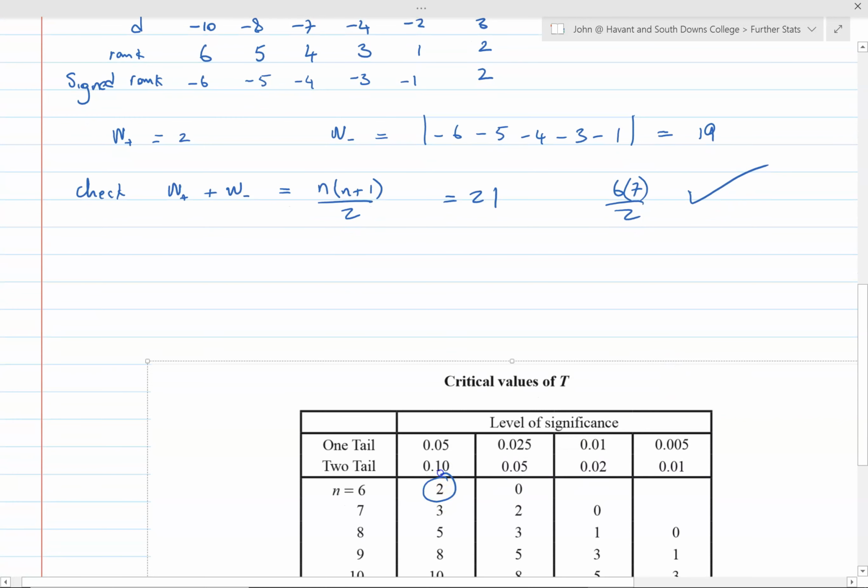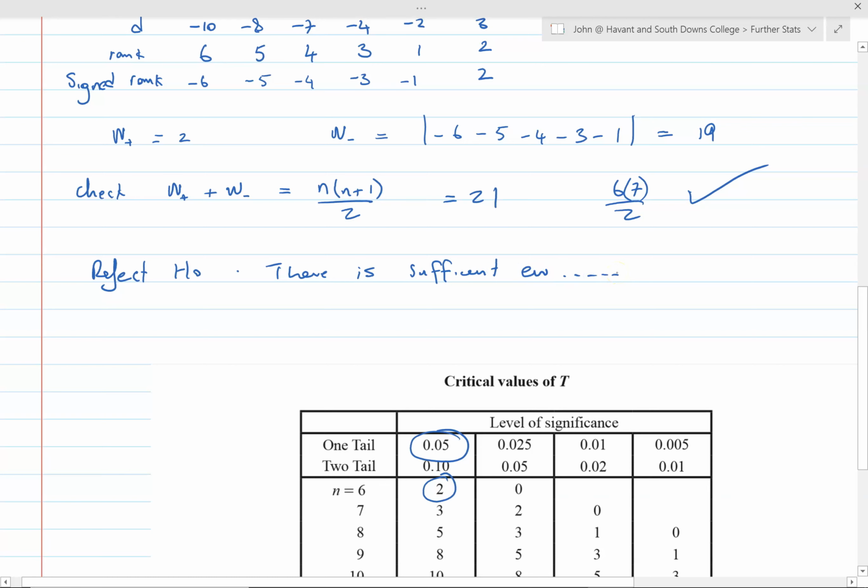2 is just about passing, but it does qualify for rejection of H0, because it just about gets there. So in this case, because it's a 5% one-tail test, we reject H0, and there is sufficient evidence and so on.